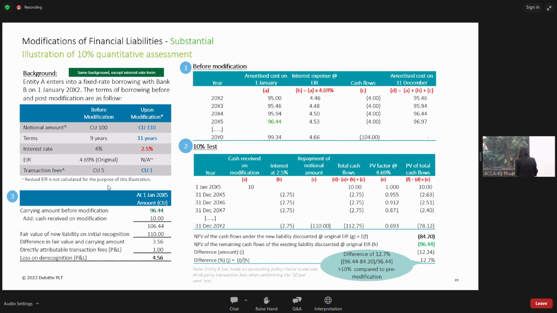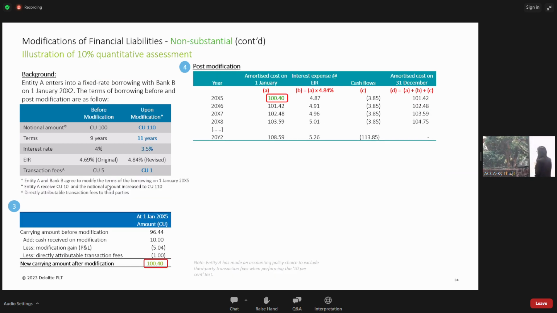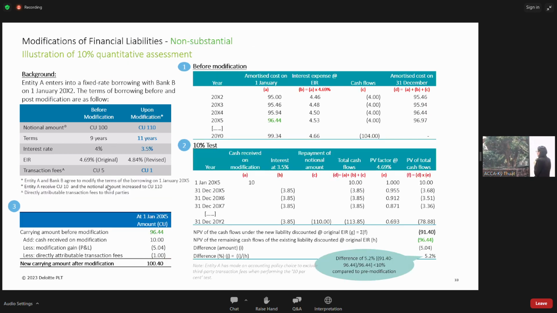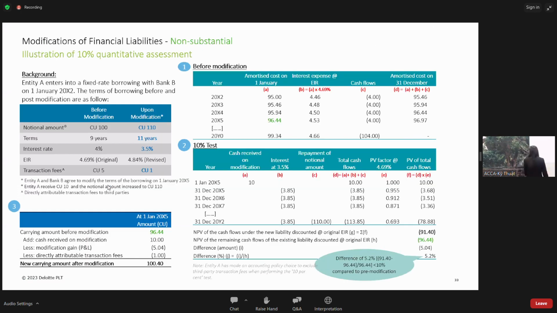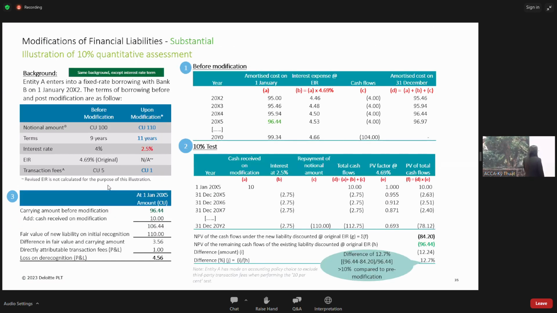And at the same time, if I go back to this table, it says transaction costs related to substantial modification are also part of gain or loss on derecognition. That's why I have the 1 here. So all in net, loss on derecognition is 4.56.